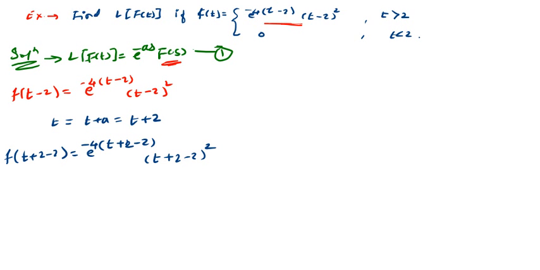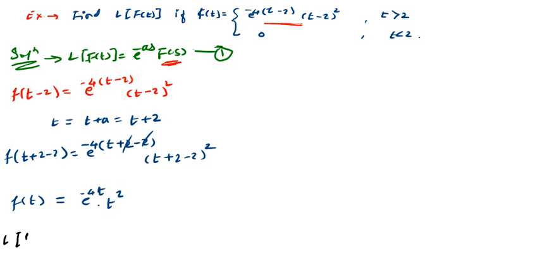So this will be nothing but f of t. And what is f of t? This is e raised to minus 4t. This 2 and 2 cancel, and what remains here is t square. So our f of t is e to the power minus 4t into t square. Whatever Laplace you take for this, that will be our f of s.